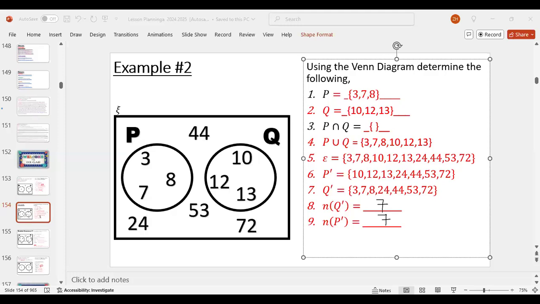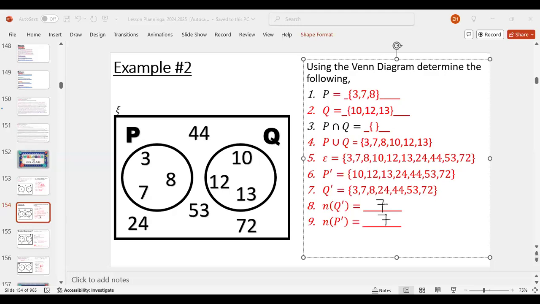Now, what is 80% of 34? Let's try 26. Nope, 26 won't work. You have to get a 28. If you get a 28, then you pass.